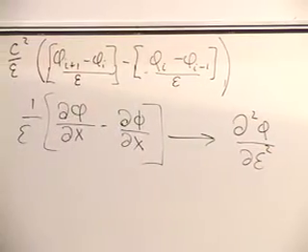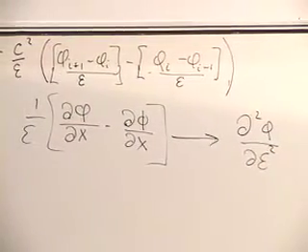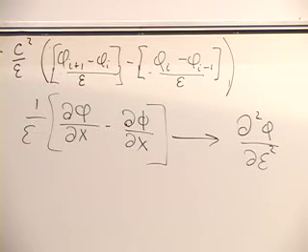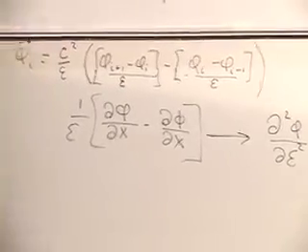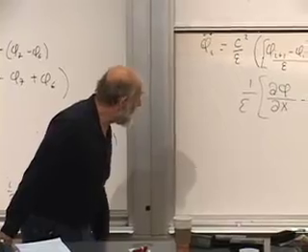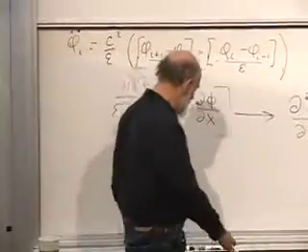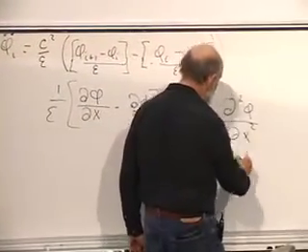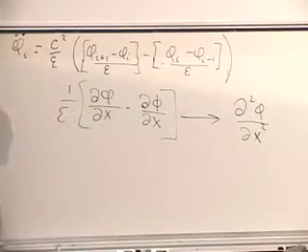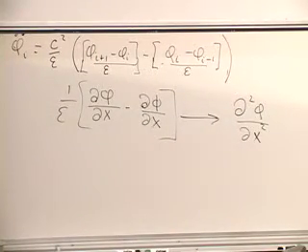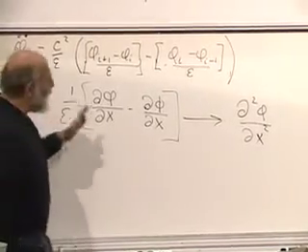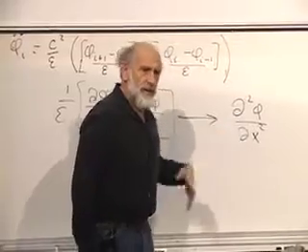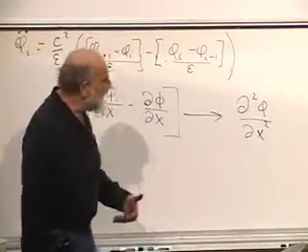Now, notice that none of this would have worked out very nicely had I not put the epsilons in the right places to begin with. Had I put the epsilons in the wrong places, they would have shown up in the final equation in some form which would not have allowed me to take a limit.